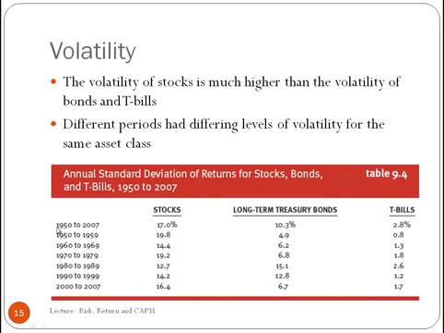So just to look at the top line, it's from some standard deviations of returns on stocks and treasury bonds over, let's say, from 1950 through right up to the recession in 2007, just before it. And you can see the returns for stocks are 17% on average, and the returns for treasury bonds 10.3%, and for treasury bills, much shorter term instruments, 2.8%.